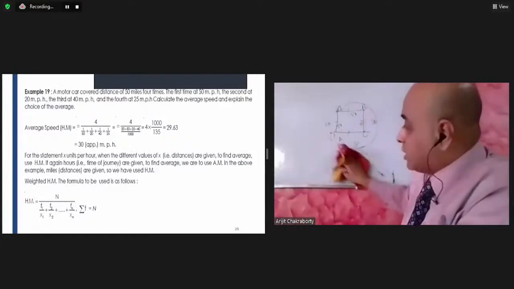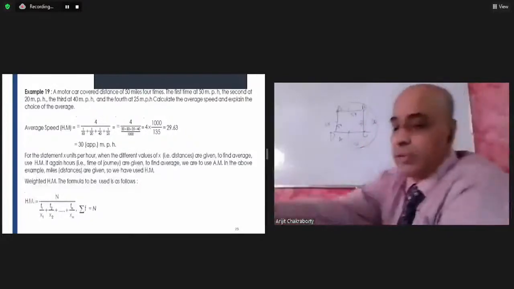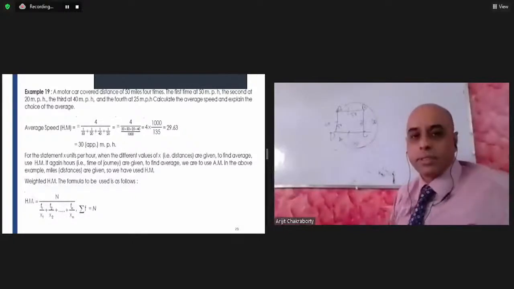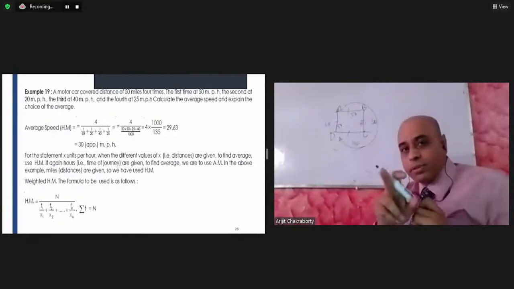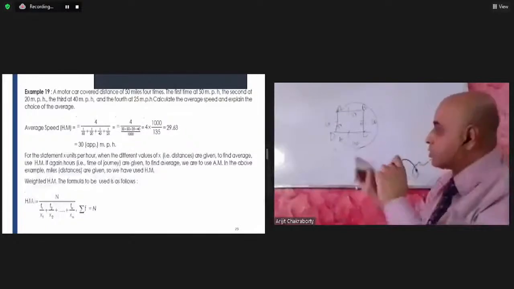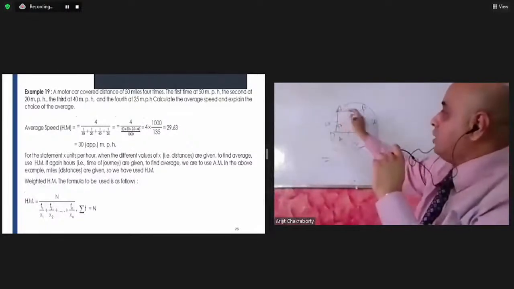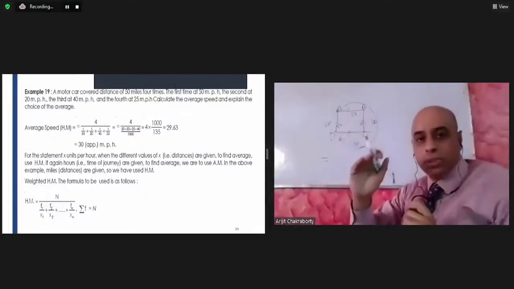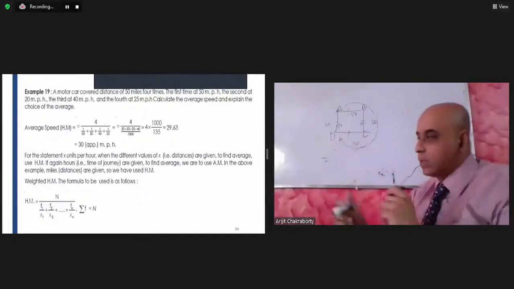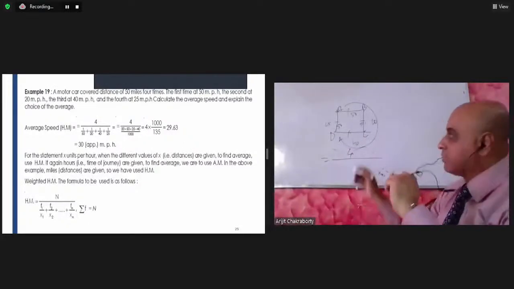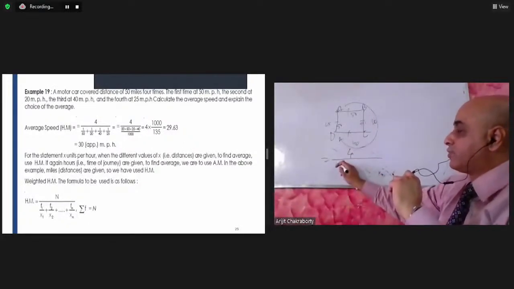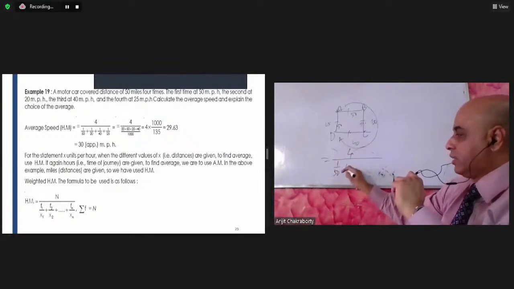That is why we are doing this problem carefully, and several examples are there in the study material on HM, like these types of problems, distance covered, speed. So here, 1, 2, 3, 4: 4 journeys, 4 laps are covered. So we'll keep numerator 4. The speeds are given. First speed is 50 miles per hour, so I keep it 1 by 50.